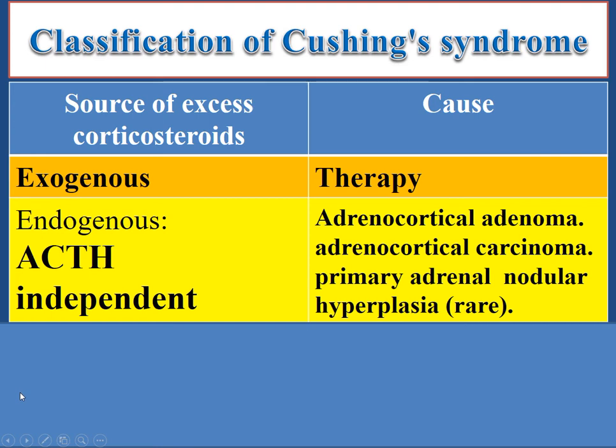The second group is the endogenous hypercortisolism. It may be divided into ACTH-independent forms: adrenocortical adenoma, adrenocortical carcinoma, and primary adrenal nodular hyperplasia. The last is very rare.